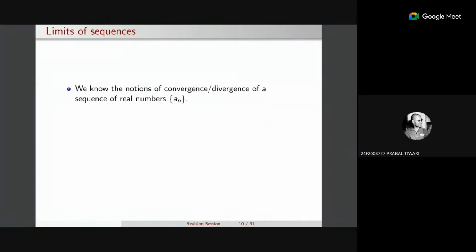Now the next thing we'll see is limits of sequences. For real number sequences, you have an idea of what limit is. If I take 1 by n, for example, this converges to 0 as n goes to infinity. And take for example sine n. What about sine n?